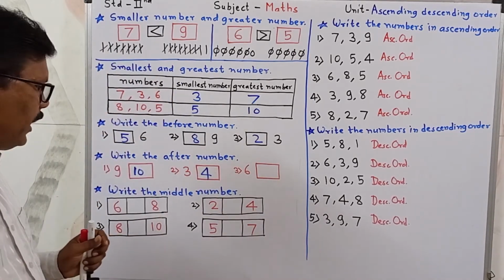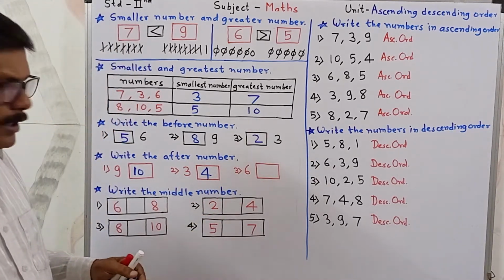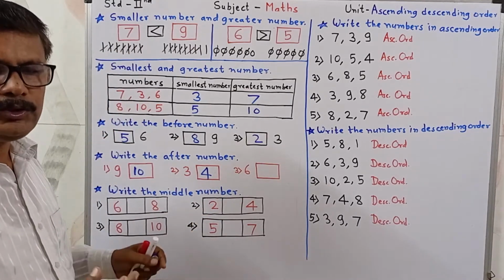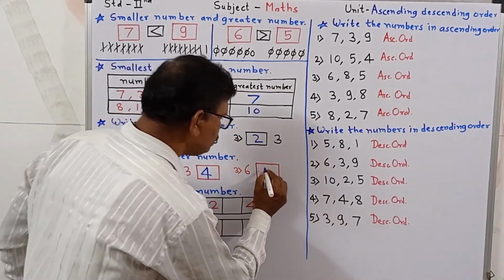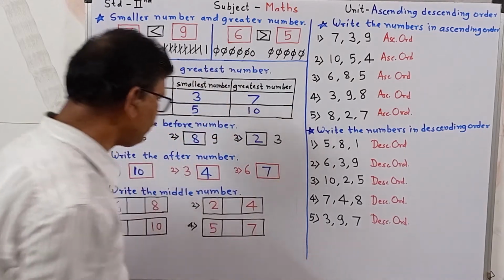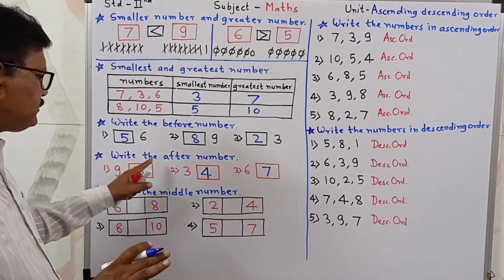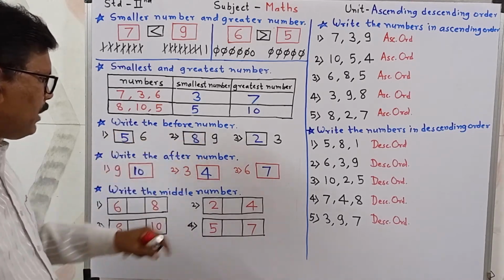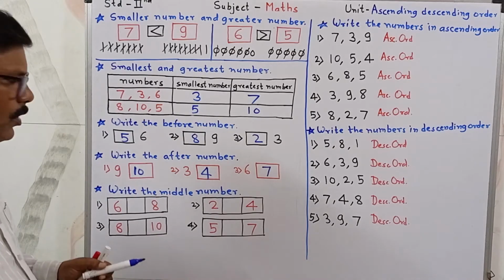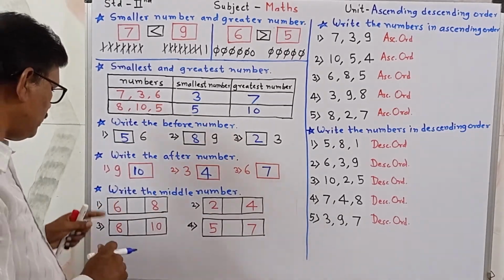Easy method. Okay. 6. Which number comes after 6? 1, 2, 3, 4, 5, 6, 7. We can write here 7. This is a very easy method. Writing the after number is very easy. For before number, we should subtract 1.